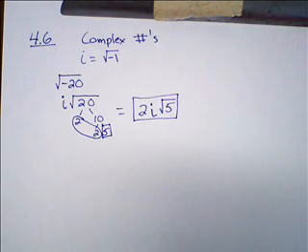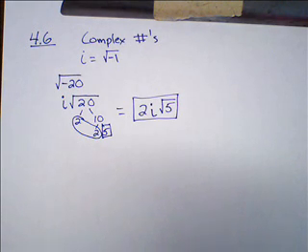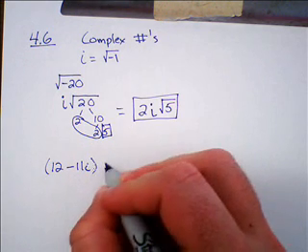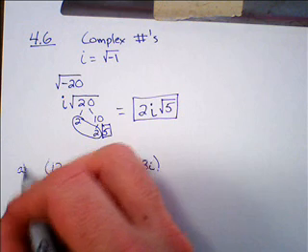So also we're going to look at just doing operations with it as well. So I'm going to put down 3 examples, and we'll put these 3 in the calculator. So (12 minus 11i) plus (-8 plus 3i). That's one example.